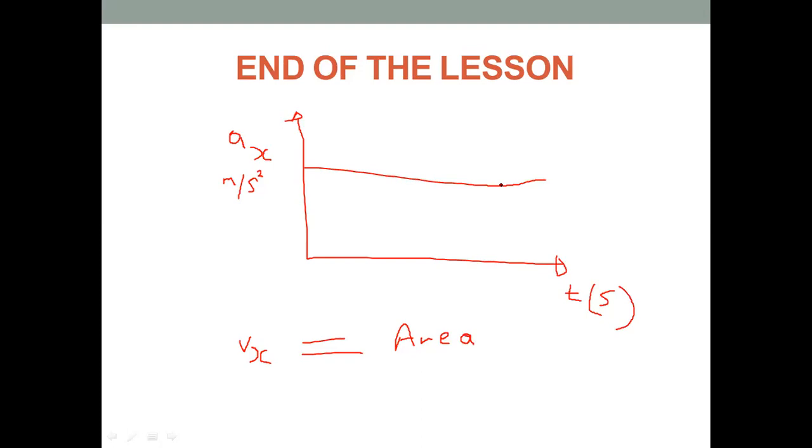This is a rectangle, so the area is the base, which is time, times the height, which is the acceleration. So velocity is the time, whatever value of time is given, times the acceleration. This is how it's going to look, and then we can get the velocity of the object at time t.